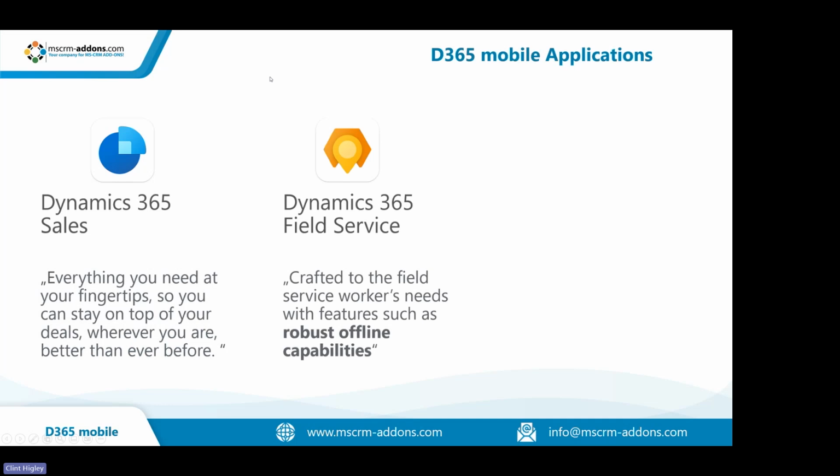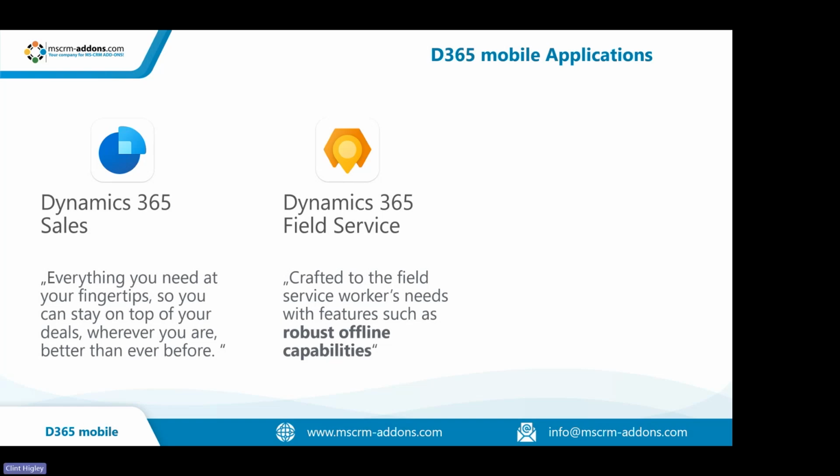Okay. The Dynamics 365 Field Service app. This is geared towards your service people out in the field, right? Think of somebody who goes out and does inspections at a customer site or a customer plant or something like that, say elevator inspections or fire alarm inspections, things of that nature.